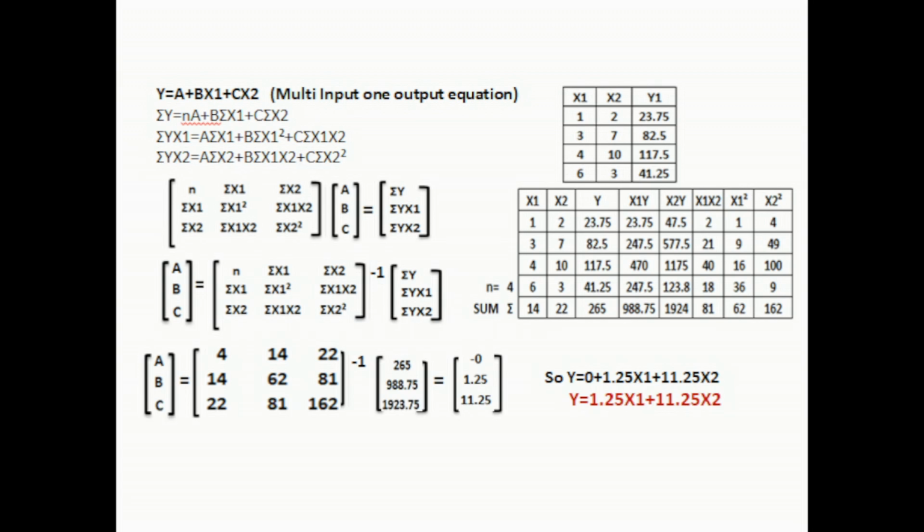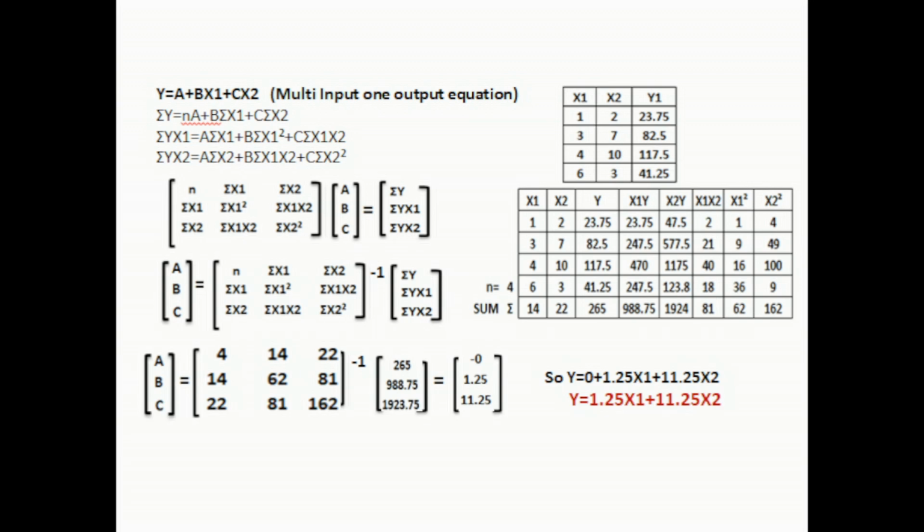So the matrix abc is equal to the inverse of that matrix, times the matrix sigma y, sigma y x1, sigma y x2.